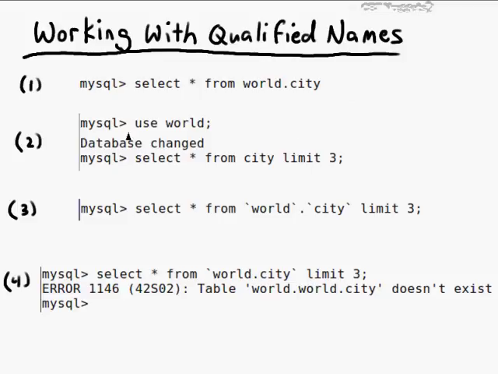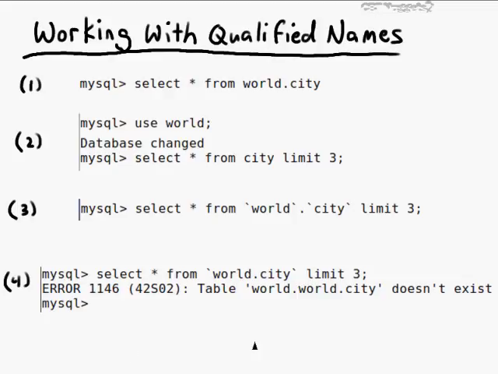Working with qualified names. As we said earlier in this nugget, a qualified name is either all or part of an identifier in a MySQL database. Now, I know a lot of CBT Nuggets customers come from a Microsoft background. Therefore, I always like to throw in transitional information. For instance, stuff from Microsoft SQL Server to, in this case, MySQL.